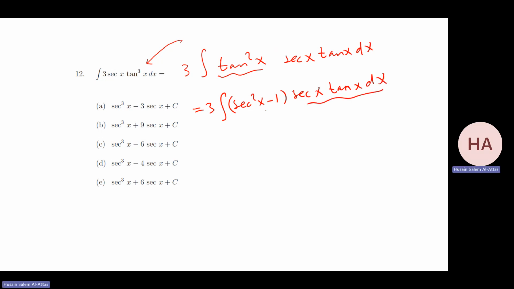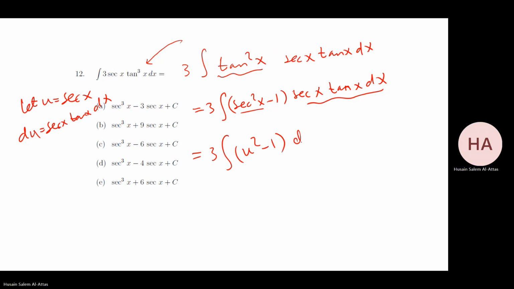So this will be du, and this is u. I let u equal secant x. du will be secant tan x dx. So I have the integral of u squared minus 1 du, which gives u cubed over 3 minus u plus c.